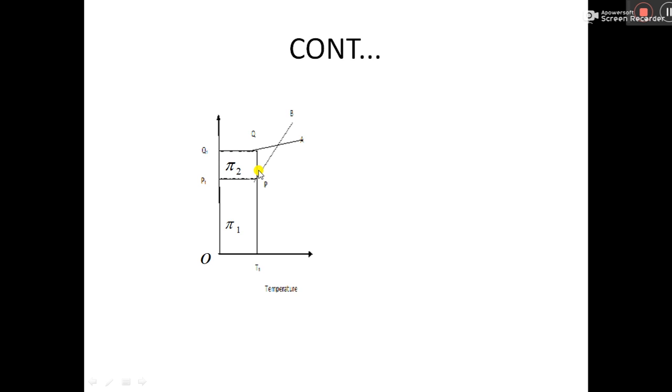Peltier coefficient between A and B at temperature T1 is equal to the area of rectangle P1Q1.